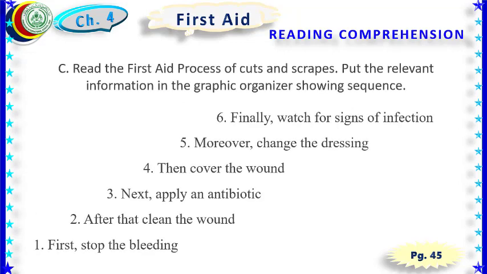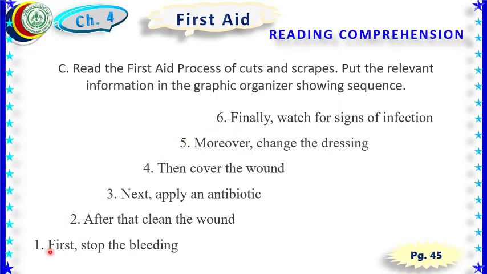Dear students, here, for example, the exercise related to that is: read the first aid process of cuts and scrapes. Put the relevant information in the graphic organizer showing sequence. Yes, we have arranged them in a sequence.